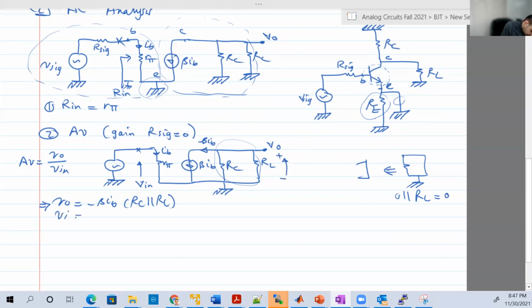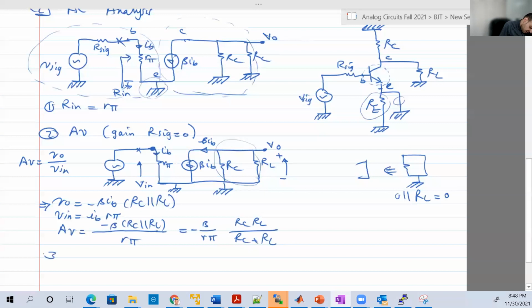And V input is the voltage across that resistor from that point, it's a ground, to that point is a, so it's equal to IB R pi. So simply AV is equal to, IB will go away with IB. So we're gonna end up with minus beta RC parallel RL over R pi. You can write it in that way, minus beta over R pi RC RL over RC plus RL.